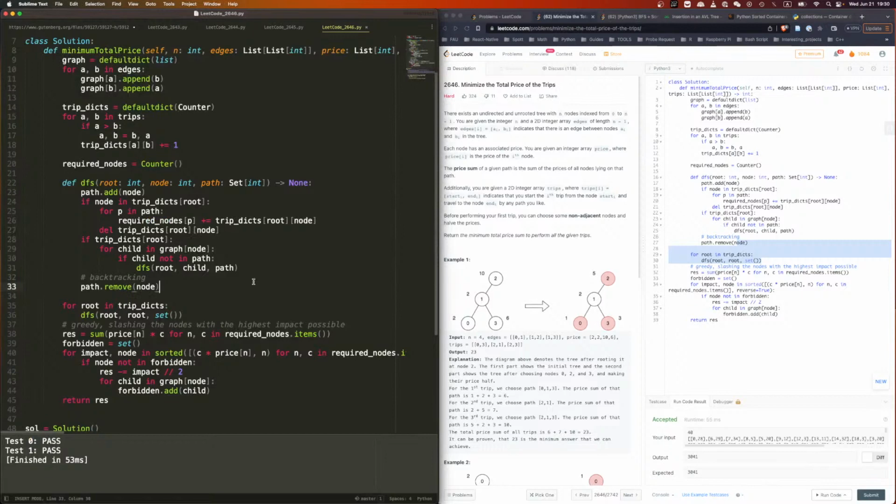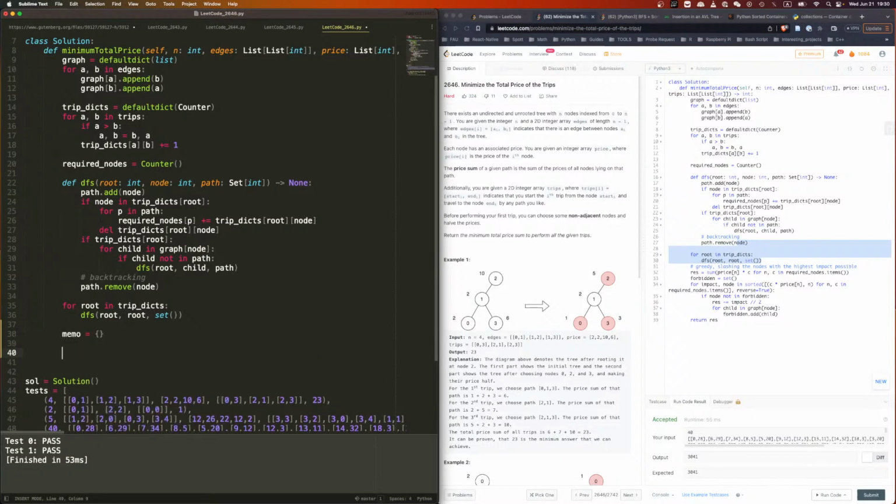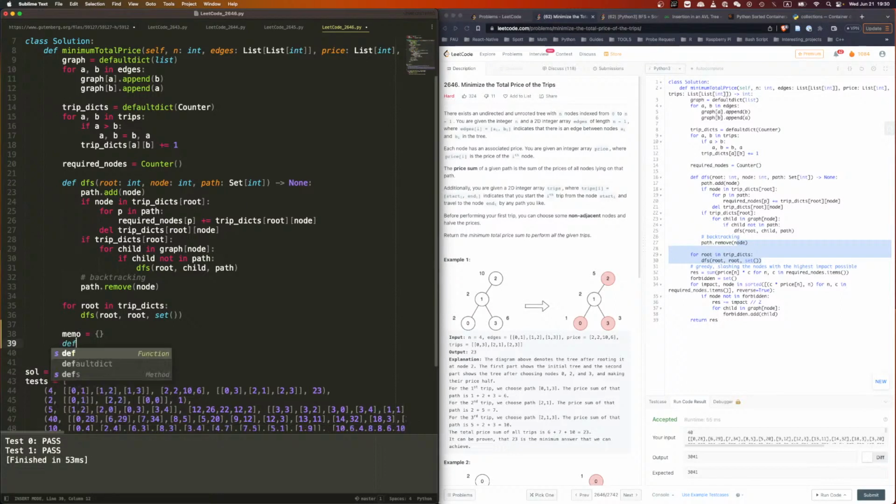Okay. So we do trips, require nodes, boom, done. Now we're gonna dp this. Okay, memo is going to be this. And now we're gonna say def dp(node, slashed).